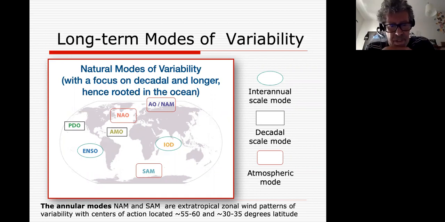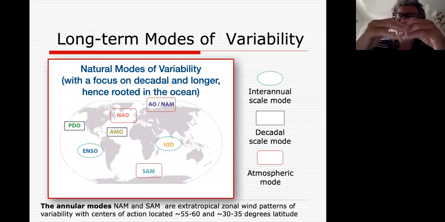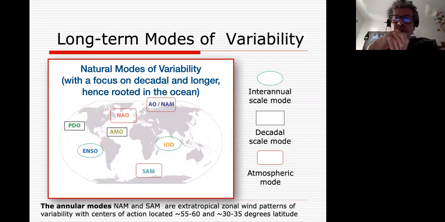We have other modes of variability that have longer scales, and the IOD and ENSO are prominent interannual variability modes.